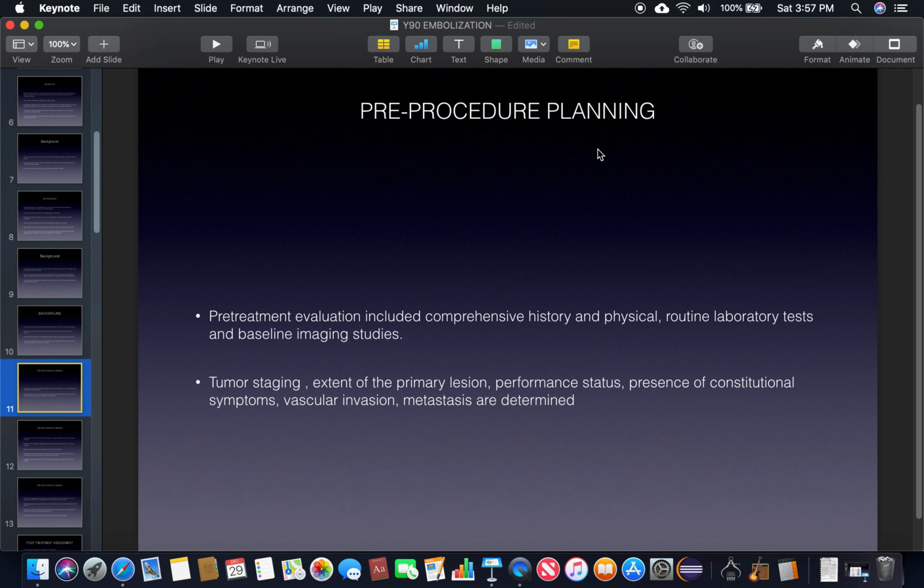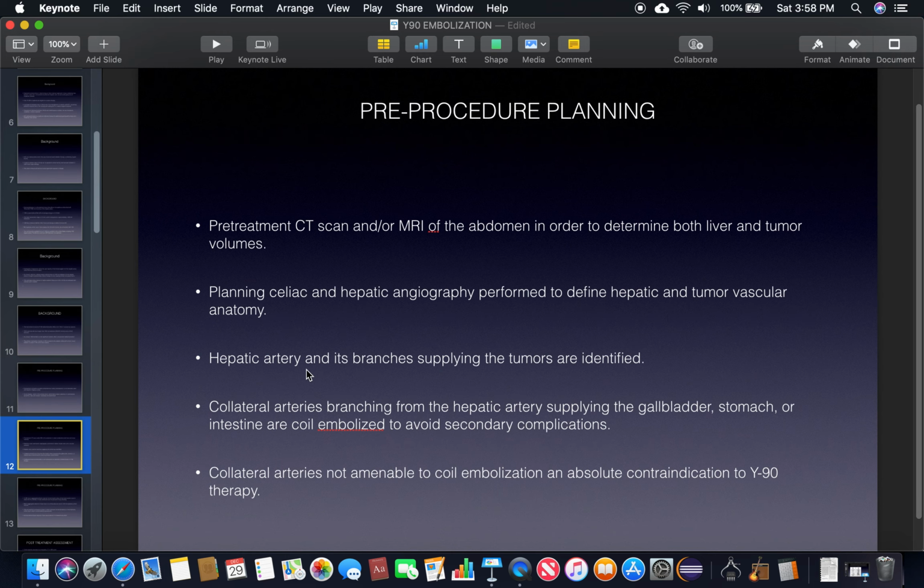Now, what do we do before we start treatment? So there is a pre-procedure planning that is involved: comprehensive history and physical exam, routine labs, baseline imaging, and we want to stage the tumor, see the extent of the primary lesion. We want to have a performance status of the liver, and any constitutional symptoms, any involvement of the hepatic artery, portal veins, and any distant metastasis.